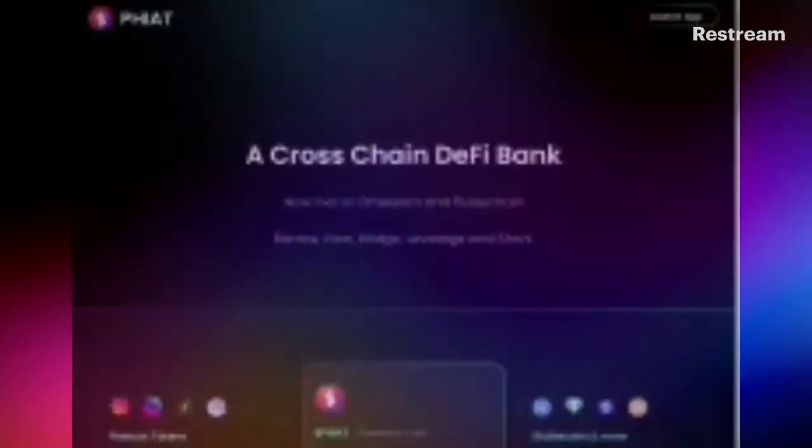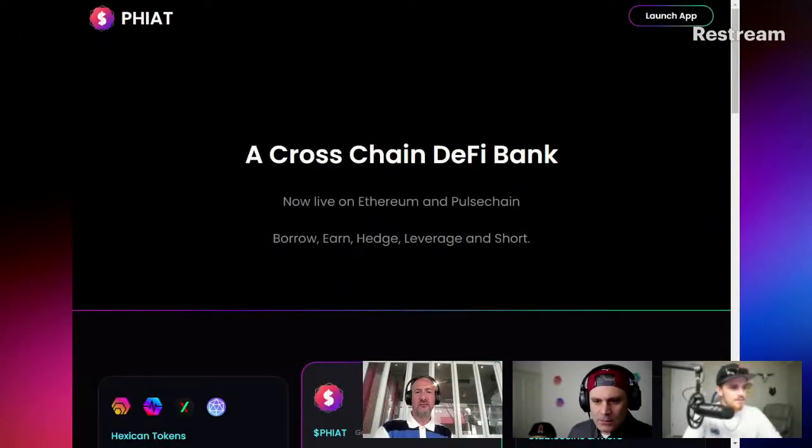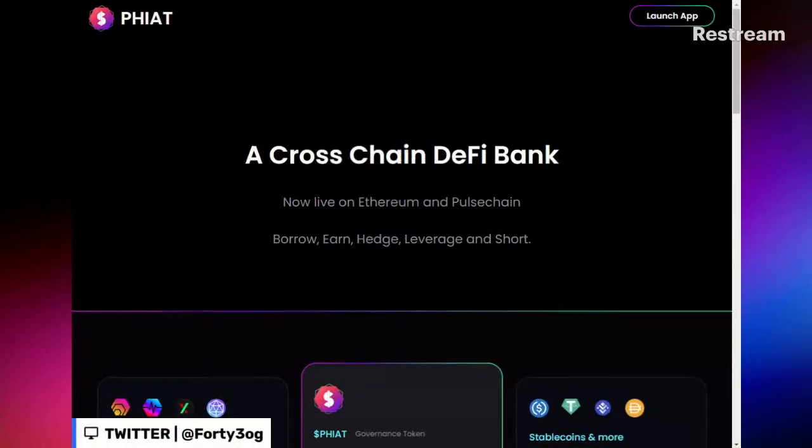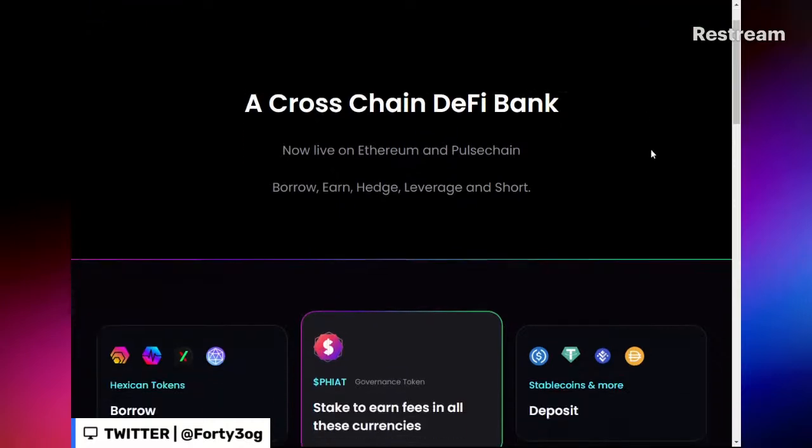Sure. I might just get rid of us so that we're not blocking the view. Okay, so we've got Fiat, which is fiat.io. That's the website, which is a cross-chain DeFi bank. Let's say I want to be a depositor, for example. Where would I go, and what would I do here?